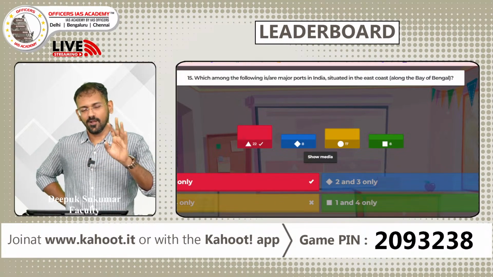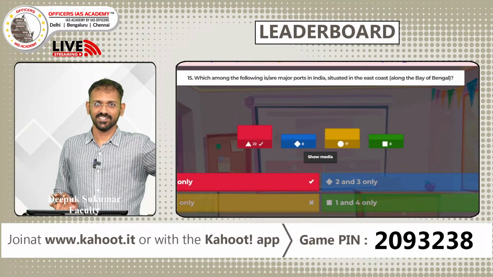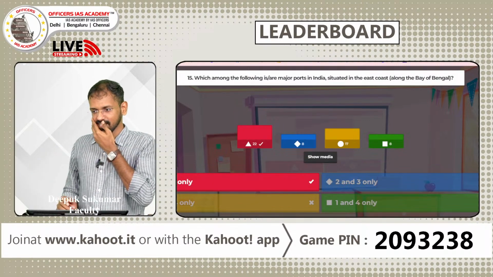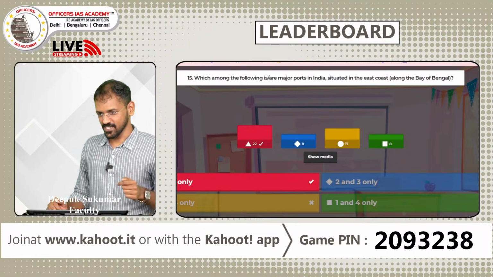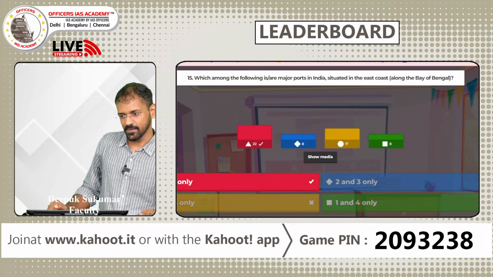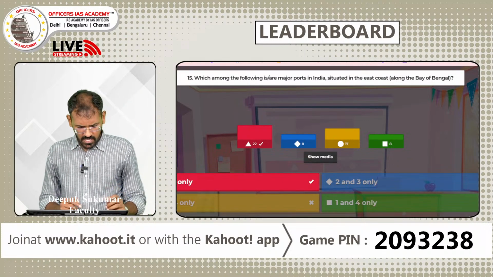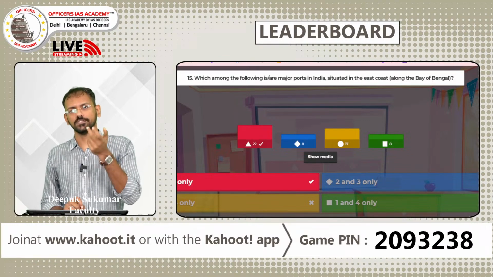See, a lot of people often make this mistake, for example, they tend to think that east is on this side and west is on this side. So I was wondering if people had picked the west coast ones as the right answer, but I don't think that's happened. Anyway, ports are very important, particularly ports with very unique features.